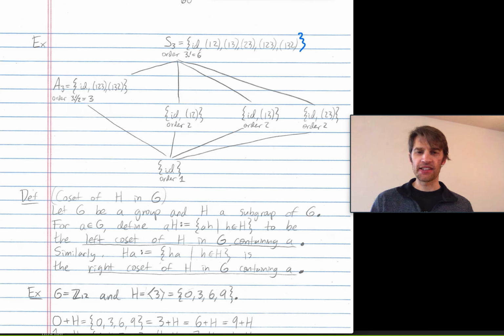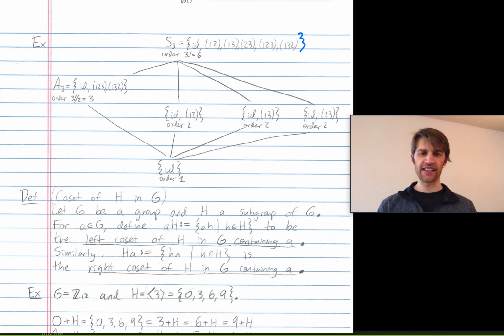It has the following various subgroups. It has the alternating group A3 as a subgroup. It has this subgroup whose only elements are the identity and the transposition (1 2), or this other subgroup whose elements are the identity and the transposition (1 3), or this group whose elements are the identity and the transposition (2 3).